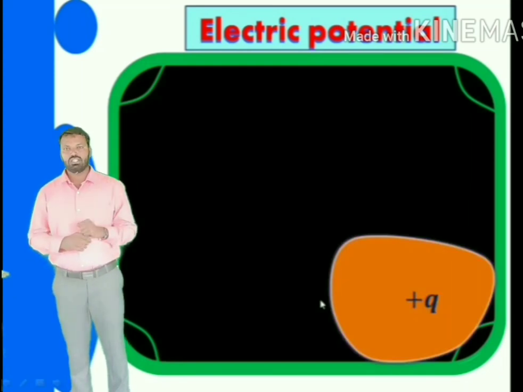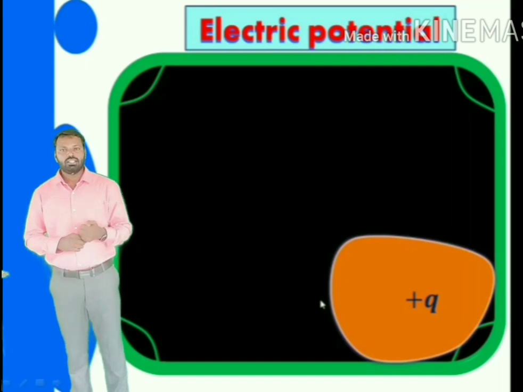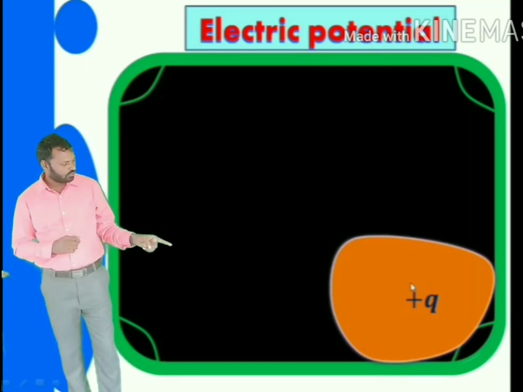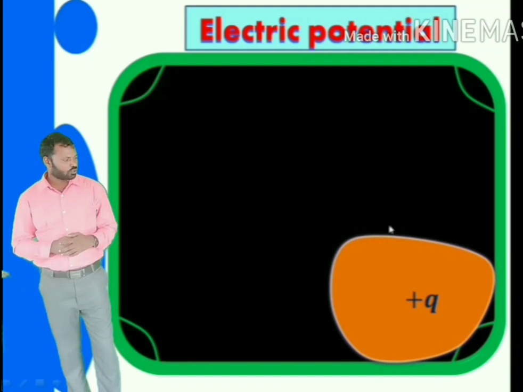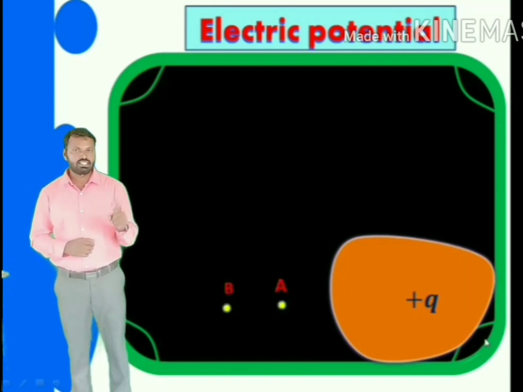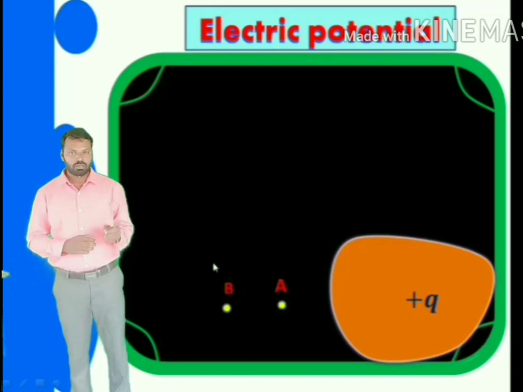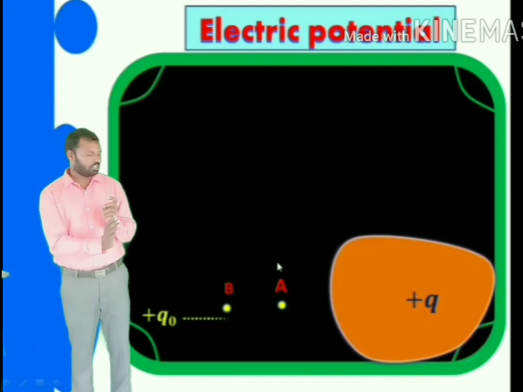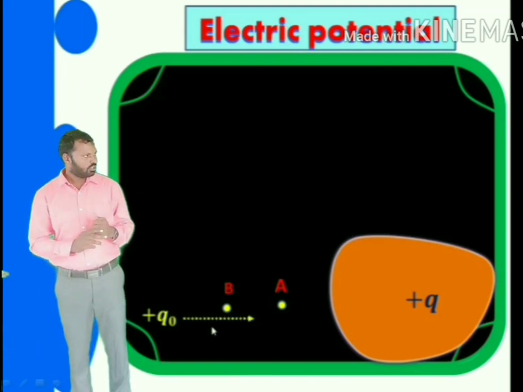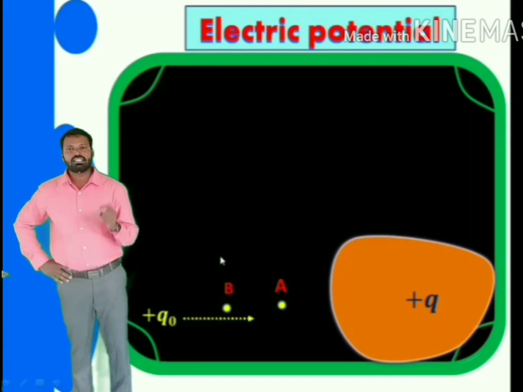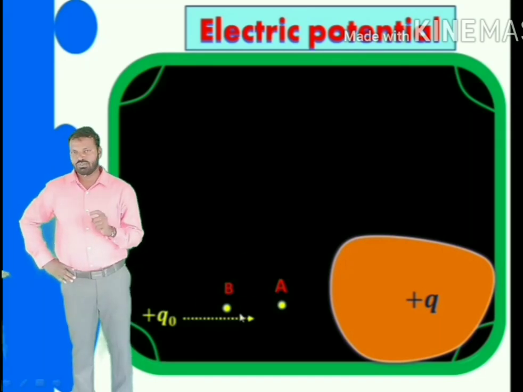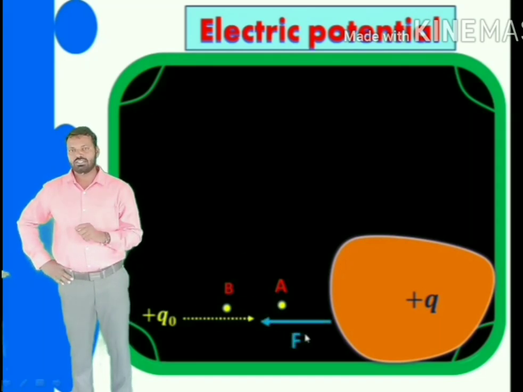To understand this, see here, there is a charge plus Q. The electric field surrounding this charge is shown here. Take two points A and B. Now, there is a test charge plus Q0 at point B. When Q0 enters the field of Q, it experiences a force.